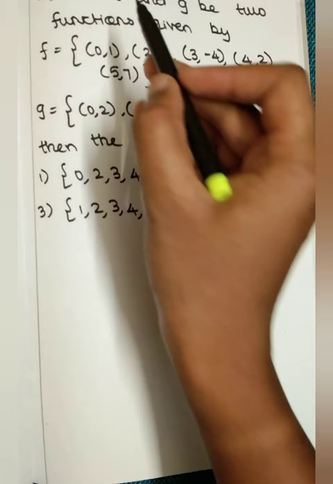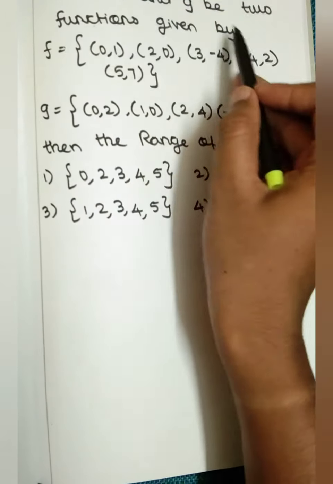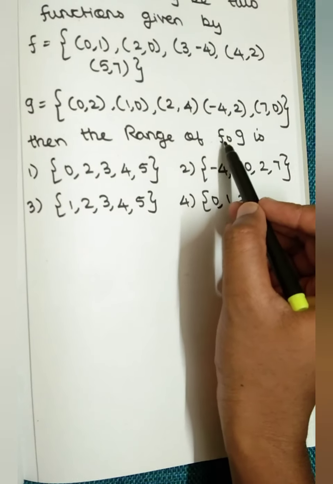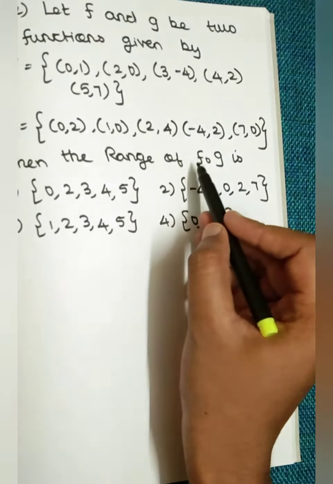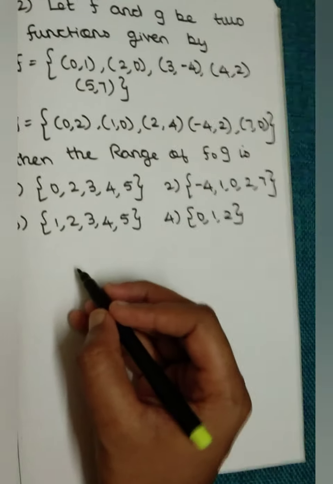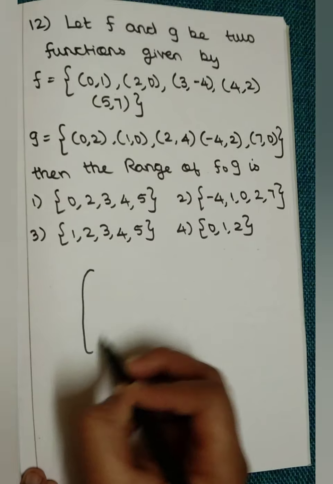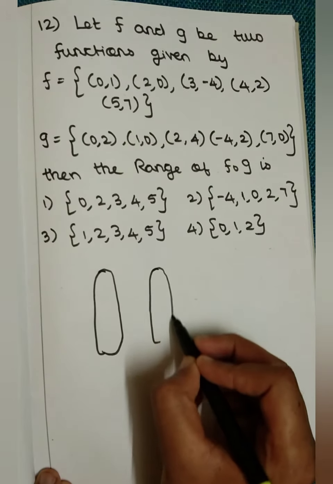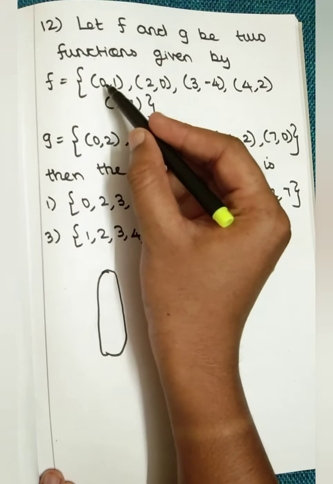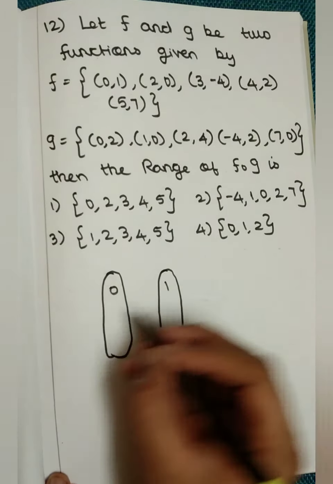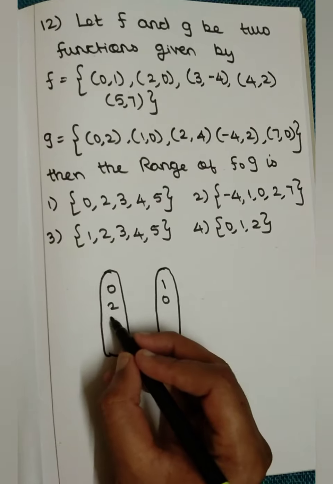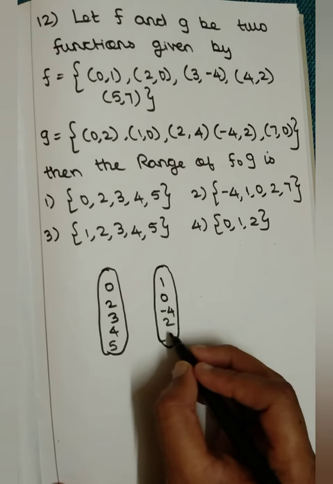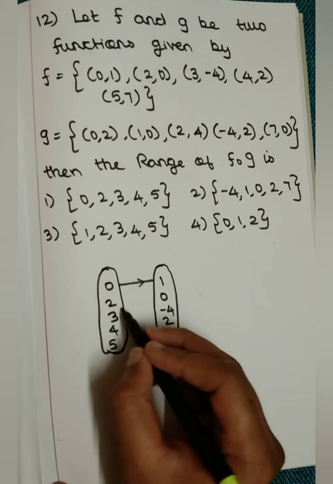Twelfth question. Let f and g be two functions given by the following. If the functions f and g are given, then the range of f dot g is? I want to find the range of f dot g. I am going to map the functions f and g. Here 0 maps to 1, 2 maps to 0, 3 maps to -4, 4 maps to 2, 5 maps to 7.